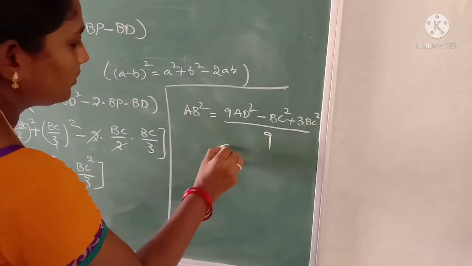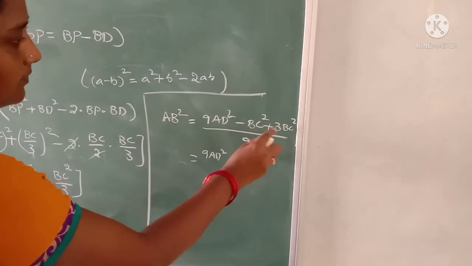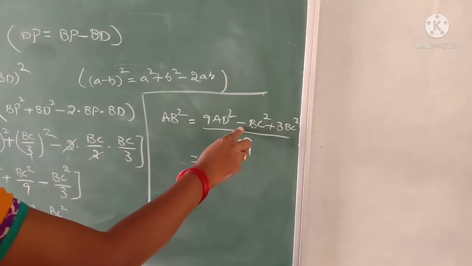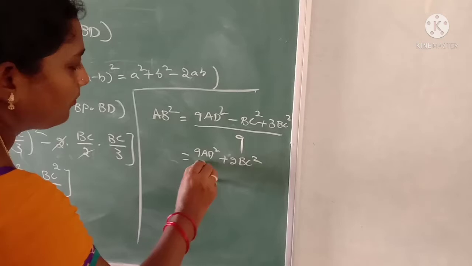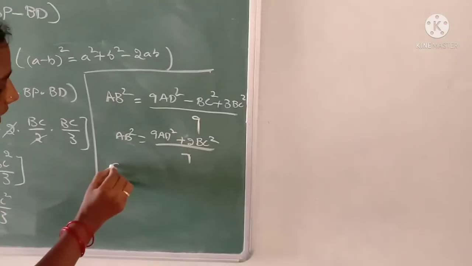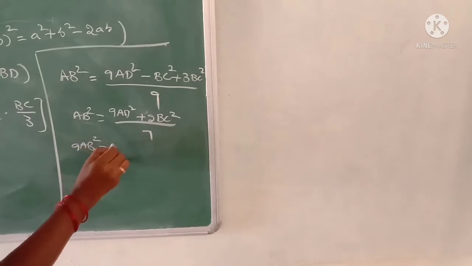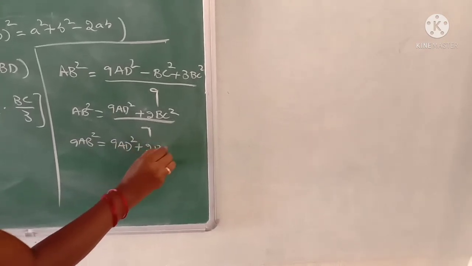That equal to 9 AD square plus 3 minus 1, we get plus 2 BC square by 9 AB square. Cross multiply: 9 AB square equal to 9 AD square plus 2 BC square.